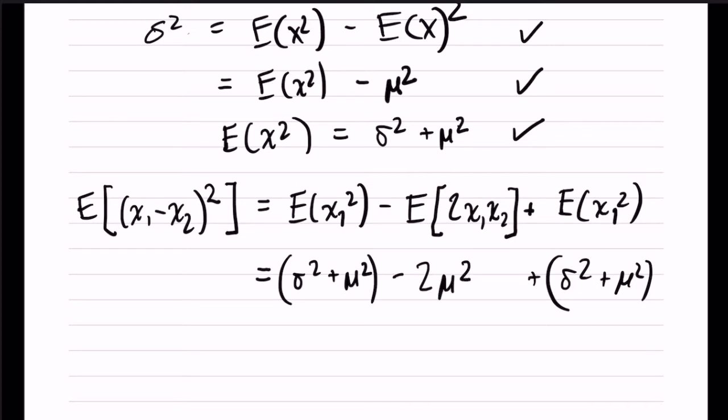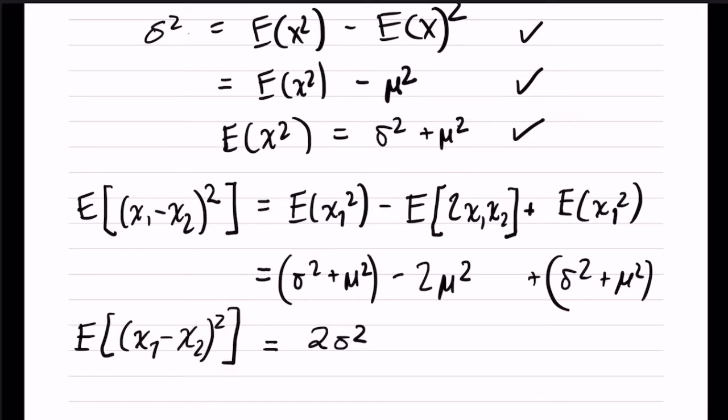By definition, the expectation of any sample is just E of X, or mu. So that becomes 2 mu squared. And that's interesting because we can cancel out these mu squareds, and in total we're going to get 2 sigma squared.